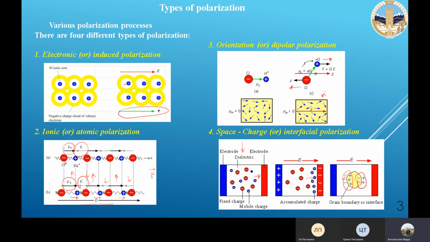Due to this, there is a resultant dipole moment in that material, and this process is called orientation polarization. Fourth, space charge polarization occurs due to the diffusion of ions along the field direction, giving rise to a distribution of charge in the dielectric.